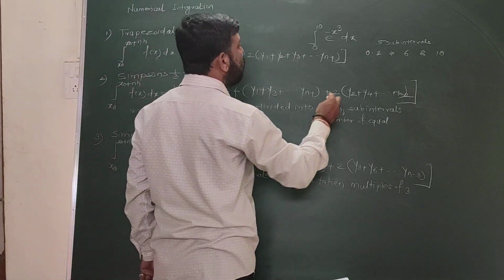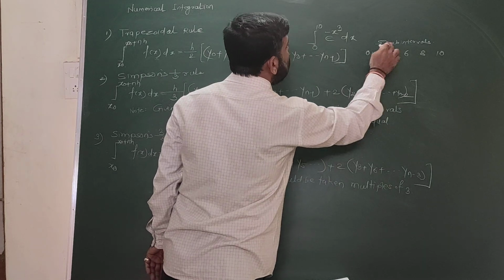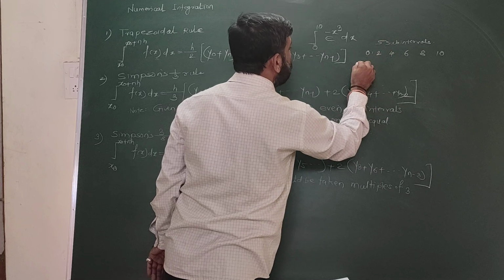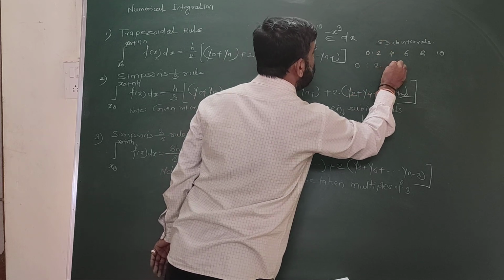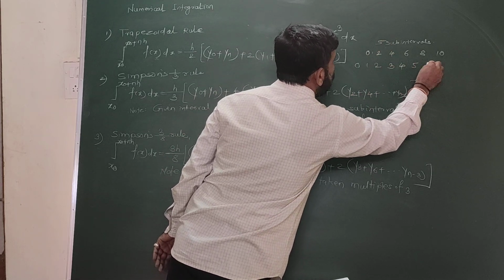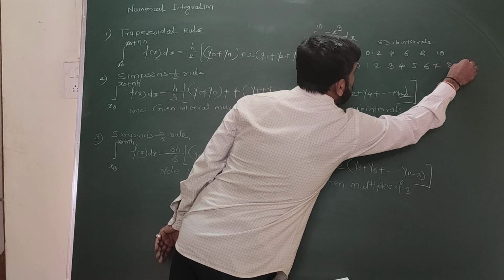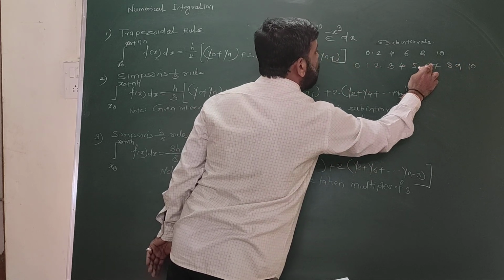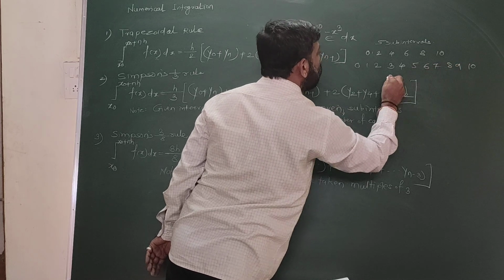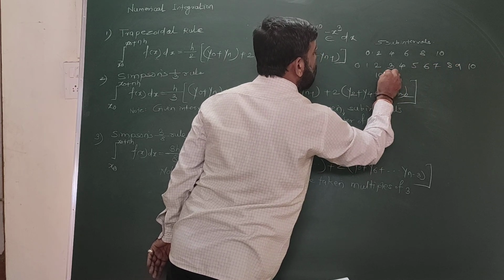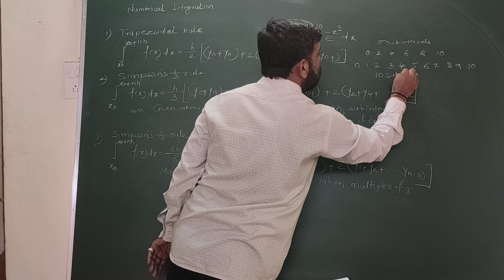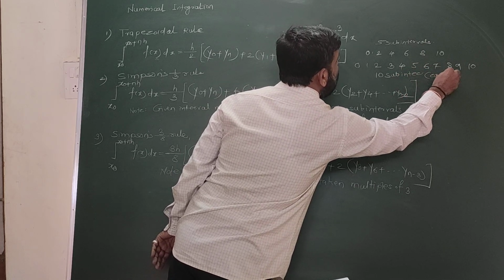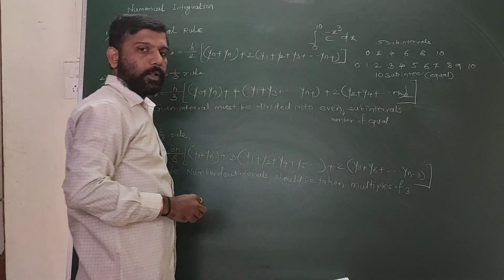If you want to divide into an even number of equal subintervals, then 1, 2, 3, 4, 5, 6, 7, 8, 9, 10. So here there are 10 equal subintervals.